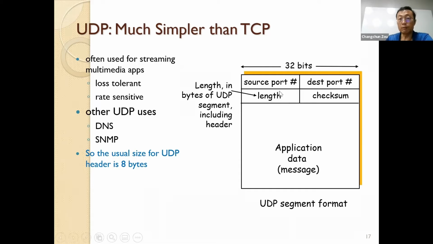Of course, UDP does not provide many other functions. We will explain the functions later. UDP is mainly used for multimedia streaming applications, because those applications have different requirements than data communication. In data communication, we require 100% accuracy.